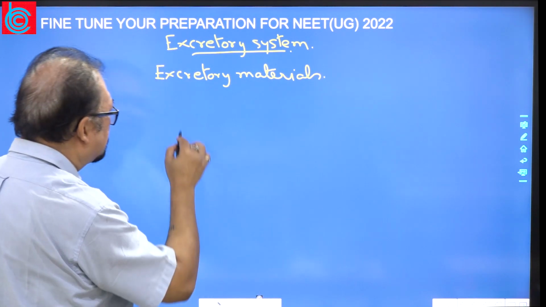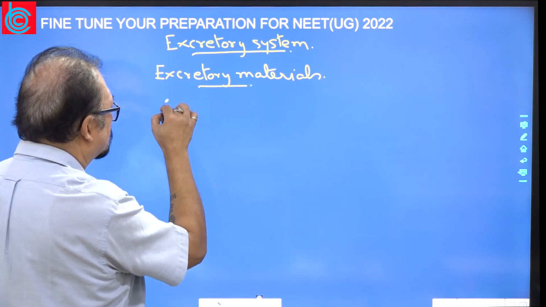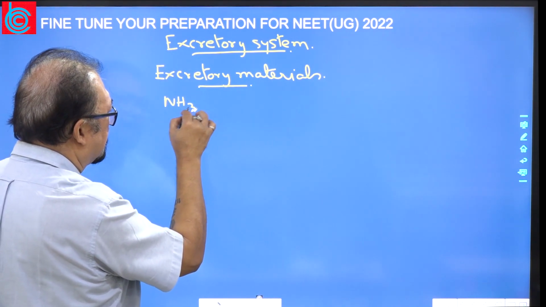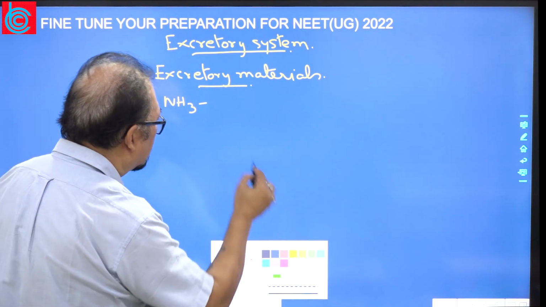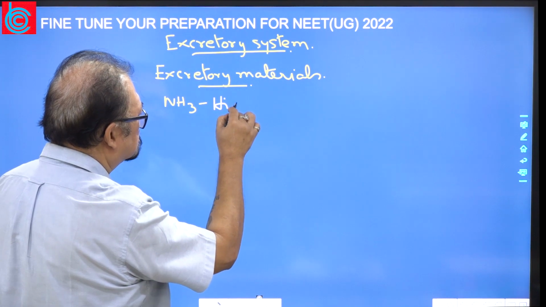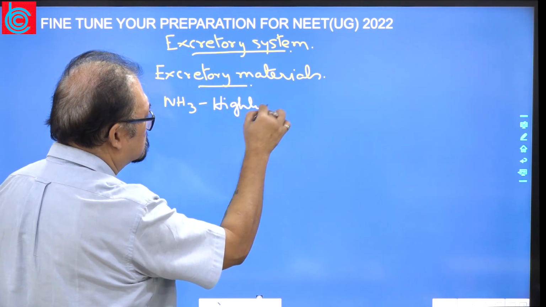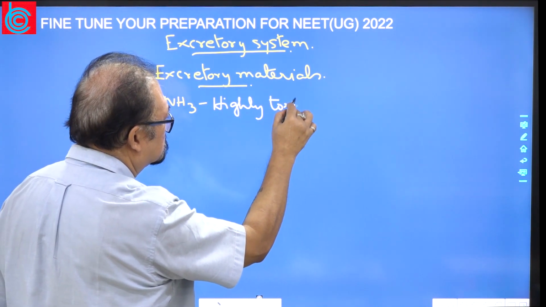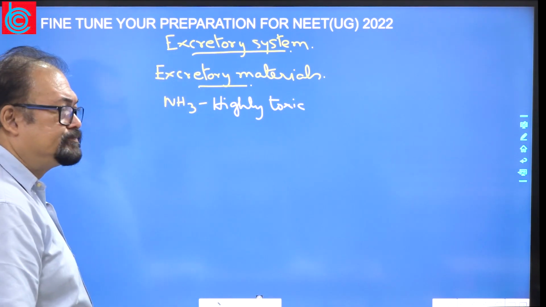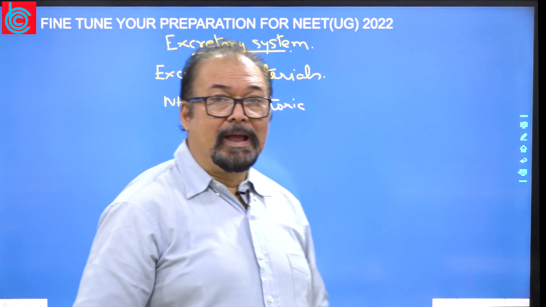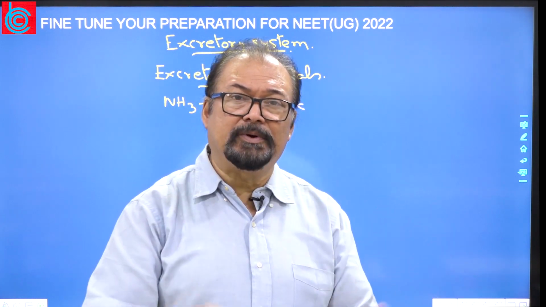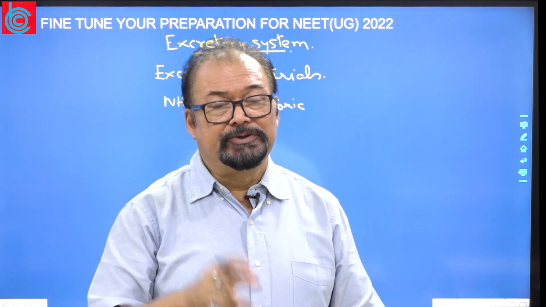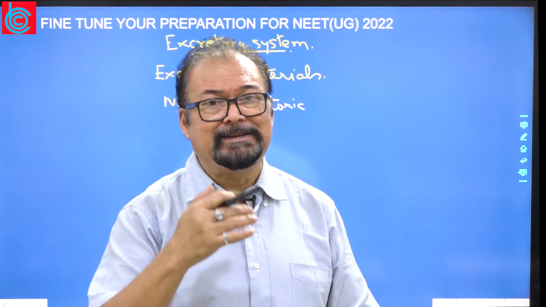First we find ammonia. What is the nature of ammonia? It is highly toxic. And to eliminate ammonia from the body, it has to be dissolved with huge amount of the water. So in which animals ammonia is excreted?